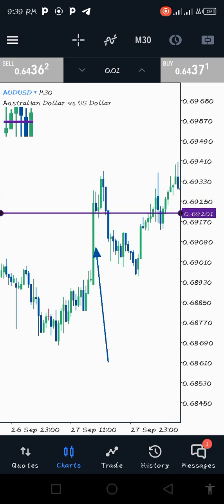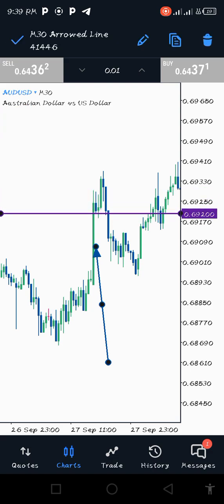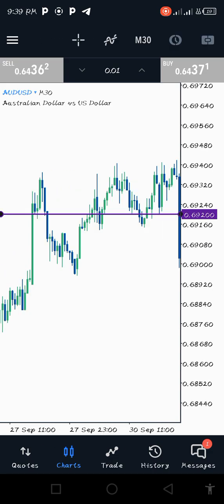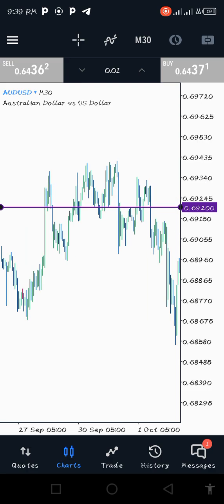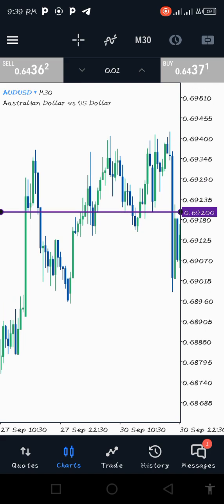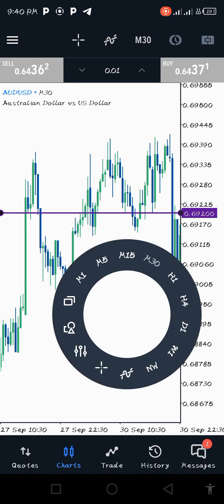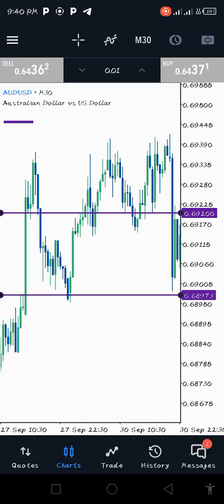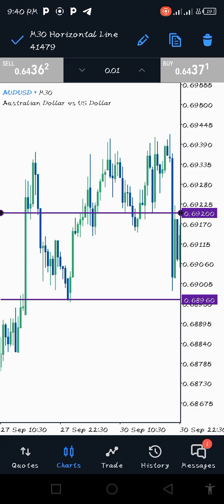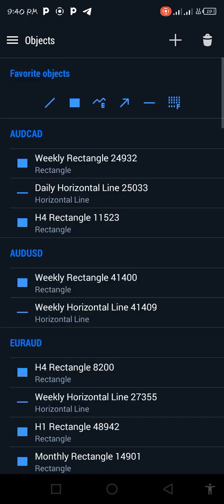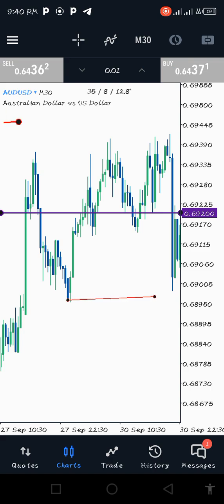But if we waited for a confirmation on the 30-minute time frame, if we waited for a change of character in the 30-minute time frame, this was our last high, a lower high that was formed. Sorry, let me use this line tool.